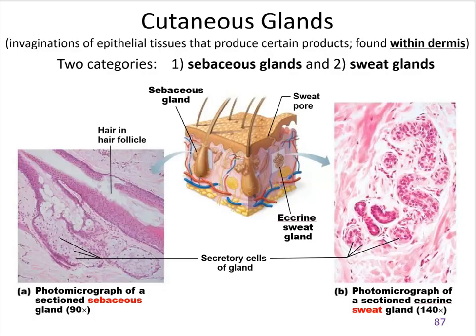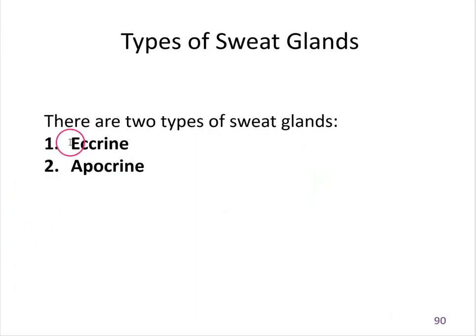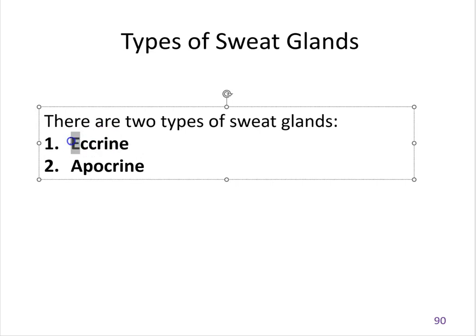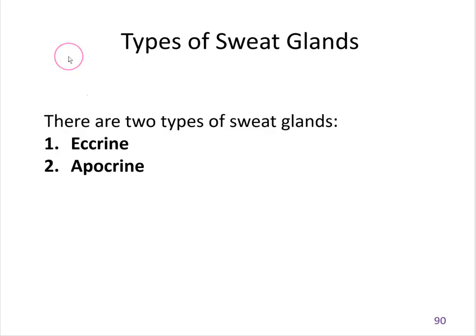There are two kinds of sweat glands, and I've been talking about eccrine glands. These are the typical sweat glands. Apocrine glands are very different. So we could think about, what do they excrete?